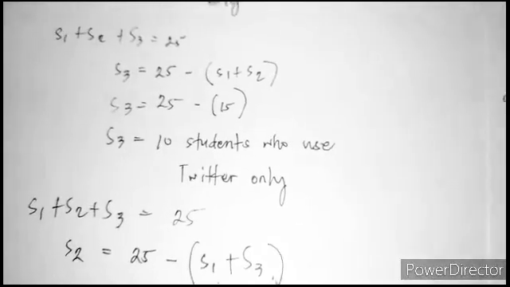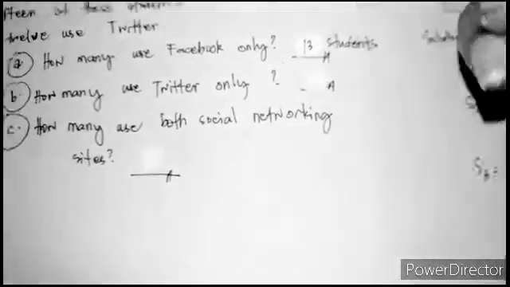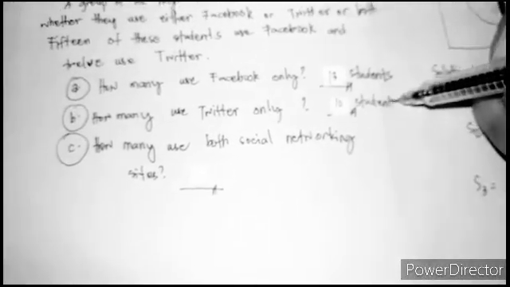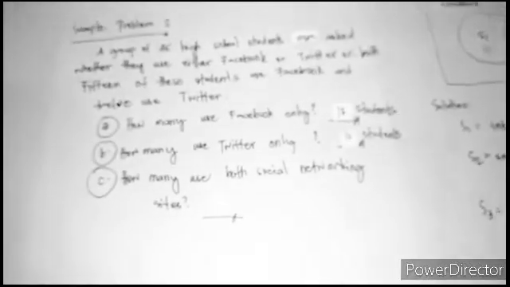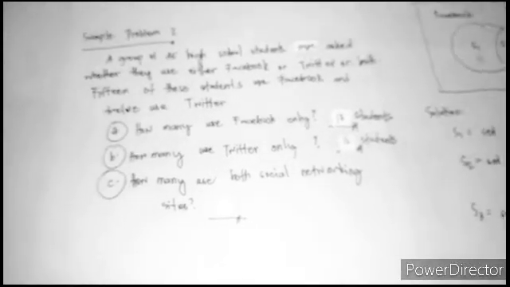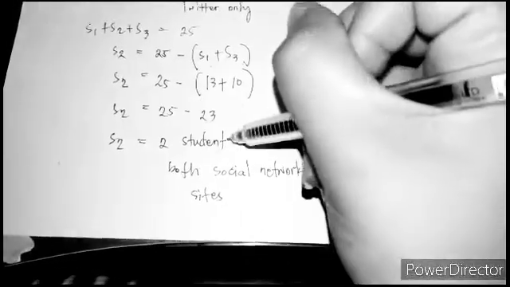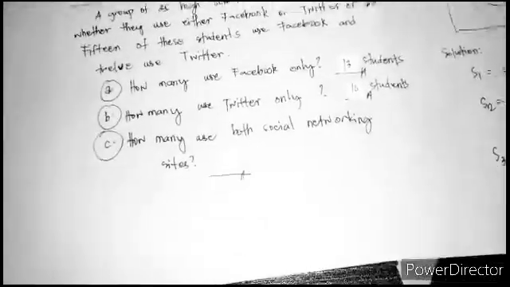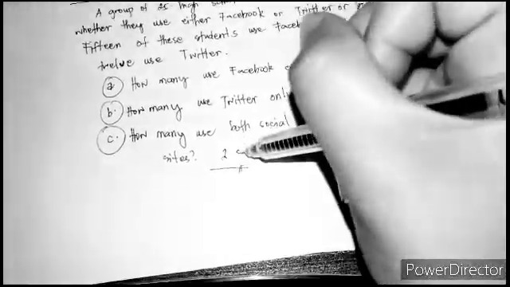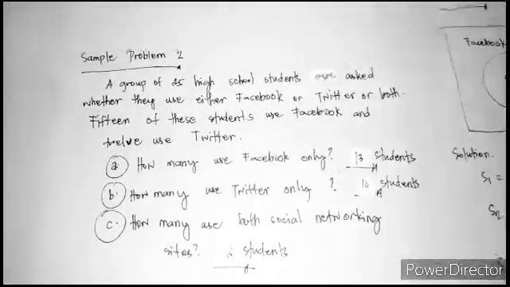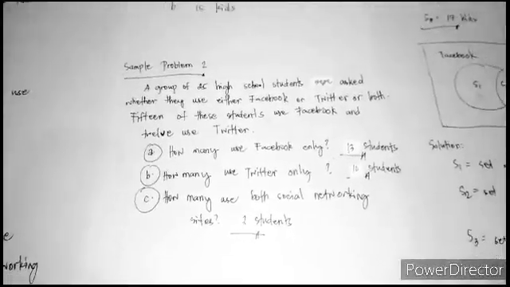We have 10 students who use Twitter only. Then the last one, how many use both social networking sites? We have 2 students. So that's all for sample problem number 2.